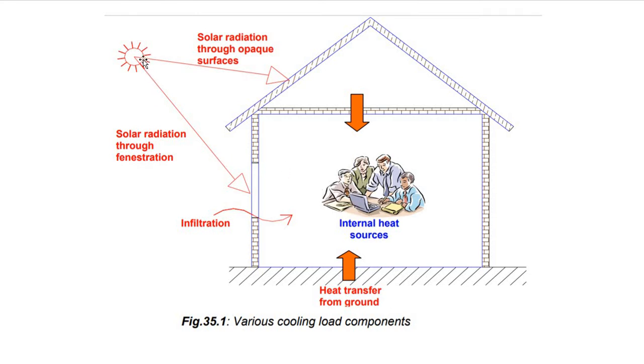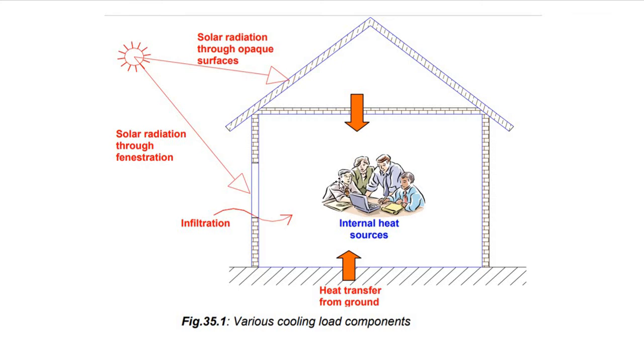So there is sunlight falling on the roof as well as walls. Sunlight is passing through the windows. So we know that there is an increase in the dry bulb temperature of air due to this heat transfer. So heat is transferring from the surroundings to the room, as well as heat is generated inside the room.